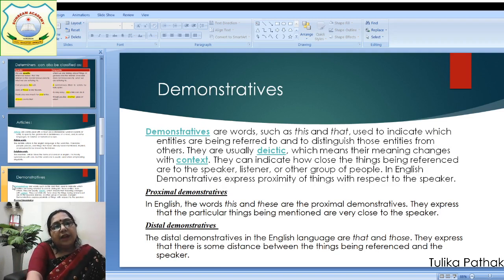Next are the demonstratives. Demonstratives are words such as this, that, used to indicate which entities are being referred to and to distinguish those entities from others.